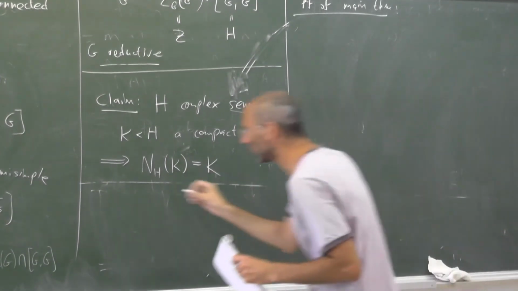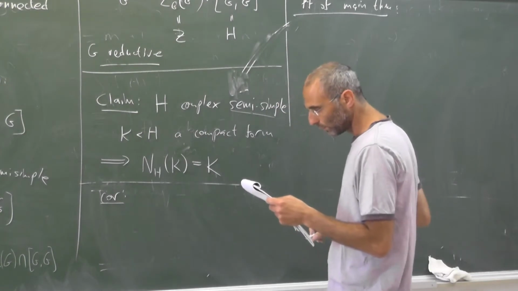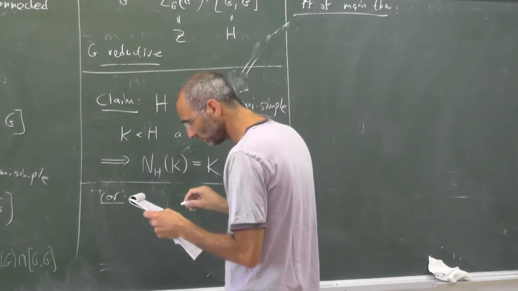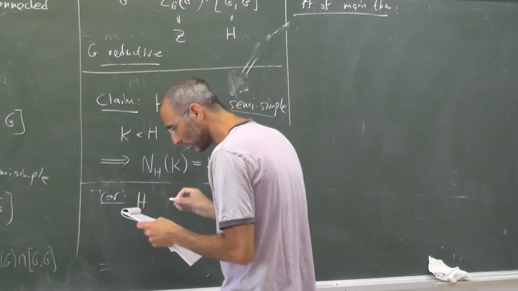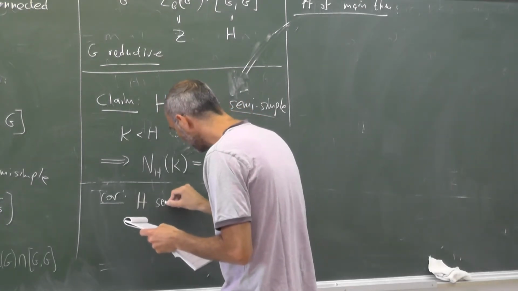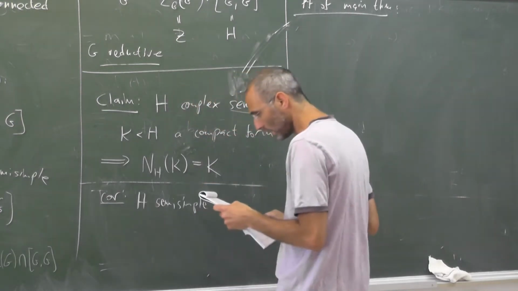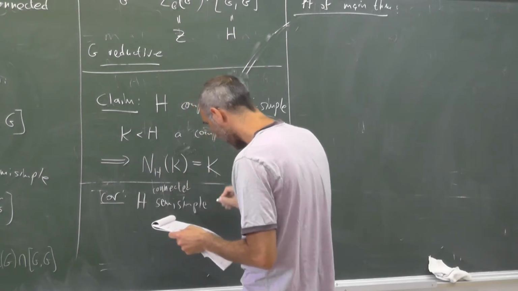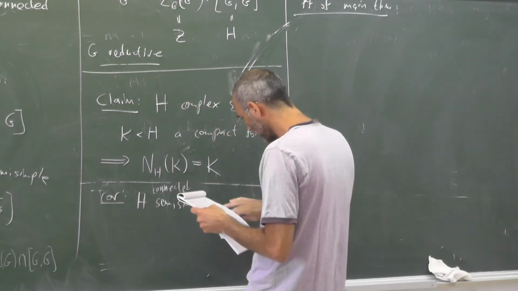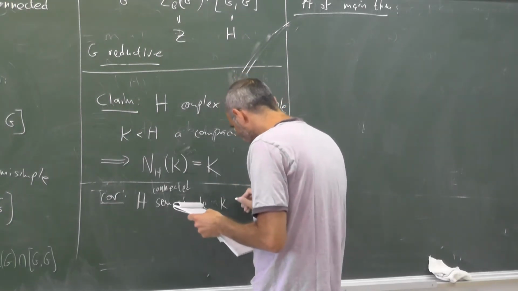Yeah, I will use this one, sorry. Corollary from whatever we did before. H semi-simple connected, K a compact form.